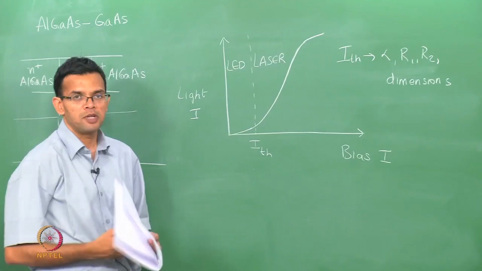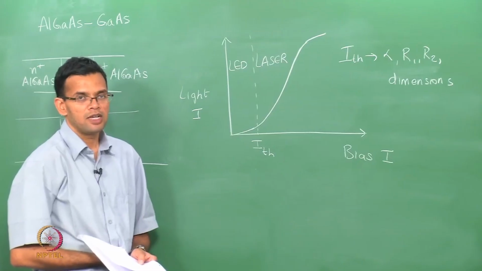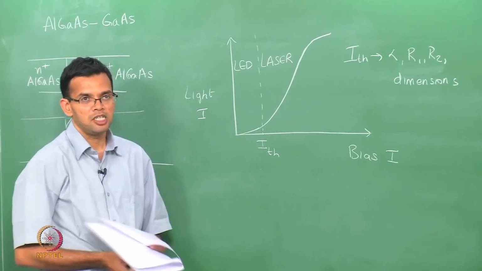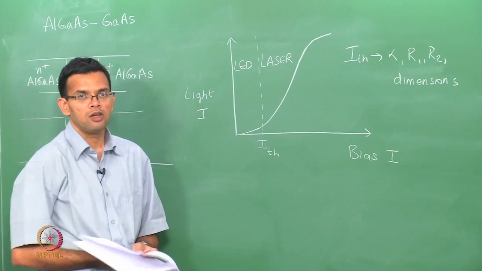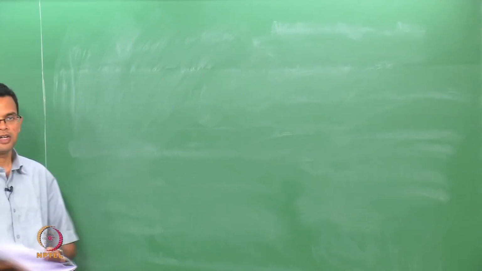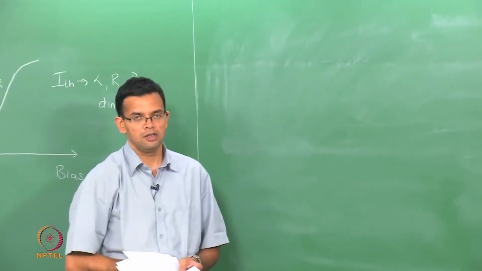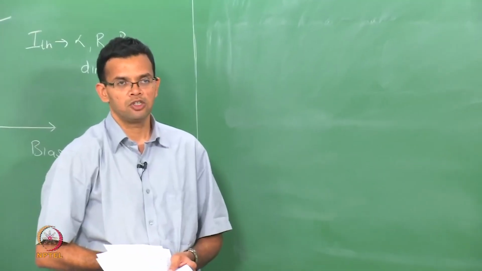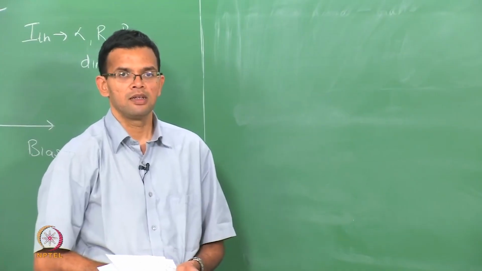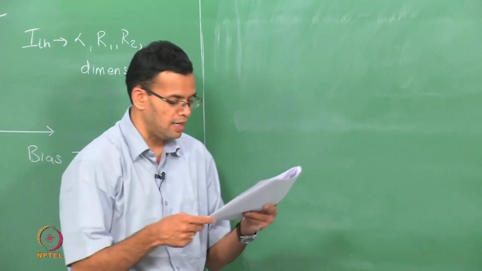You can also have specialty lasers. For example, you can have quantum confinement within this active region in order to give you quantum well based lasers. In the case of a double heterostructure laser like the one we just saw with gallium arsenide and aluminum gallium arsenide, the active region is the gallium arsenide region.